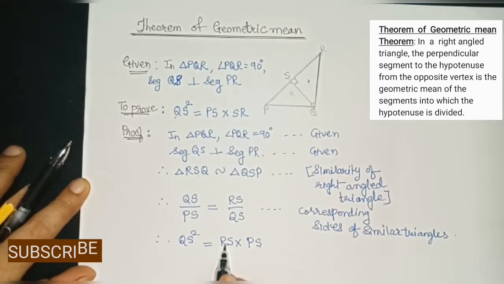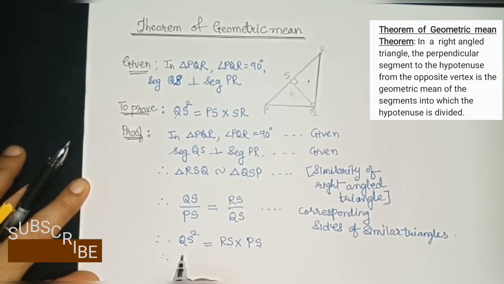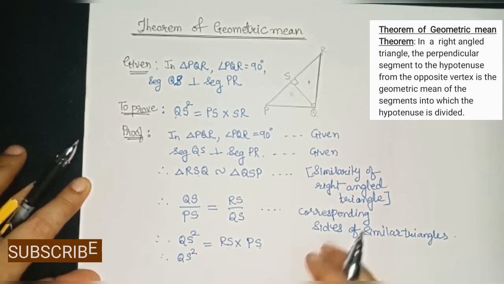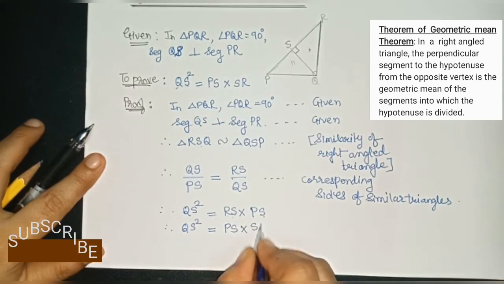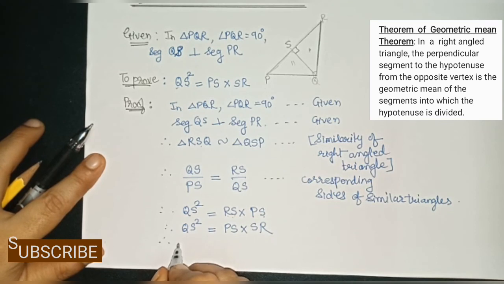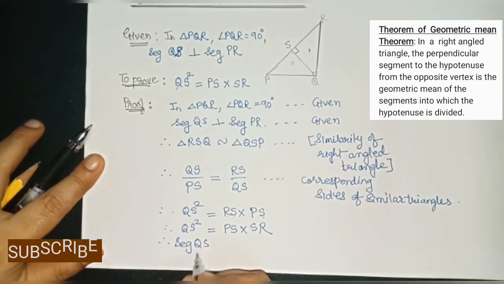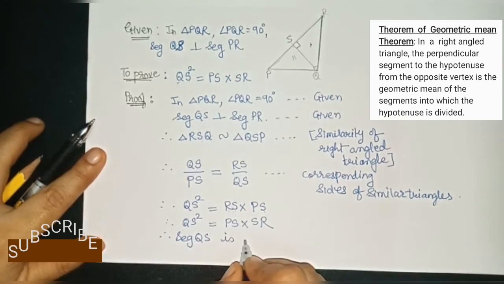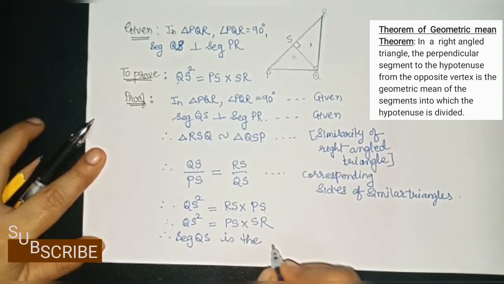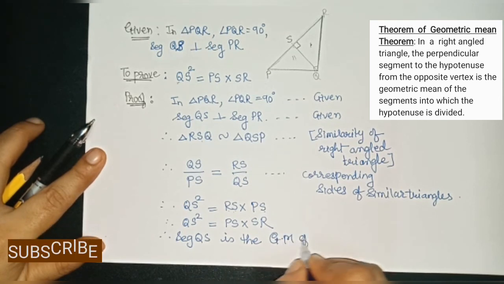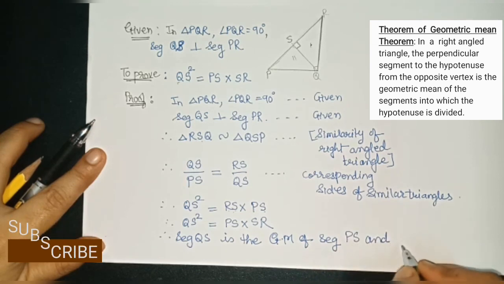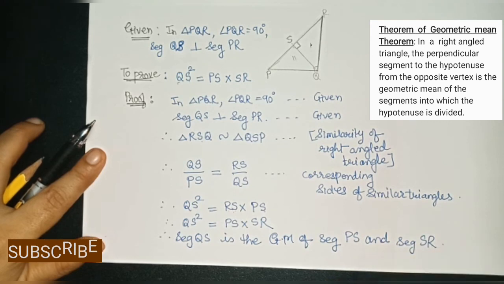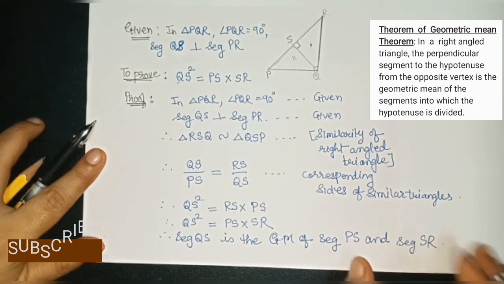RS is nothing but SR. Therefore we can say here that QS square is equal to PS multiplied by SR. Therefore segment QS is the geometric mean of segment PS and segment SR. Thus we have proved the theorem of geometric mean.